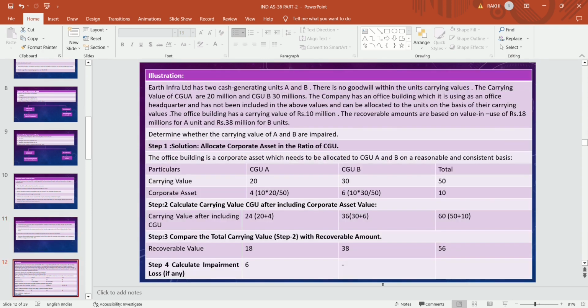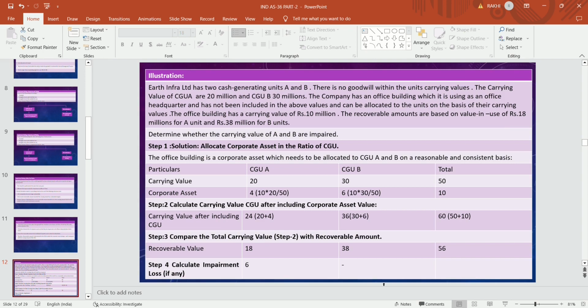This is to be explained by an example. Earth Infra Limited has 2 cash generating units, A and B. There is no goodwill within the units. The carrying value of CGU A is 20 million and CGU B is 30 million.